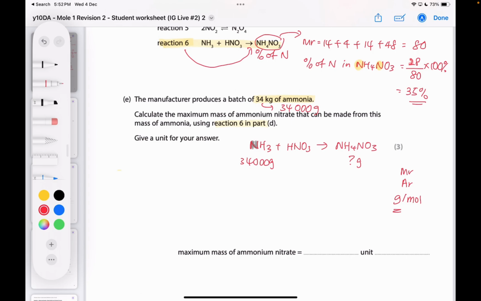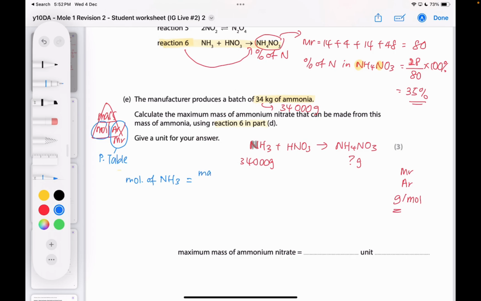Okay, so the first thing first, always get that triangle ready: mass, mole, AR or MR. And if you have been following my first set of video, you will know that AR, MR is always from the periodic table. Okay, learning how to use the periodic table is an essential skill set that you must have. So the first thing here is I want to find the mole of whatever information that's given to me, which is ammonia.